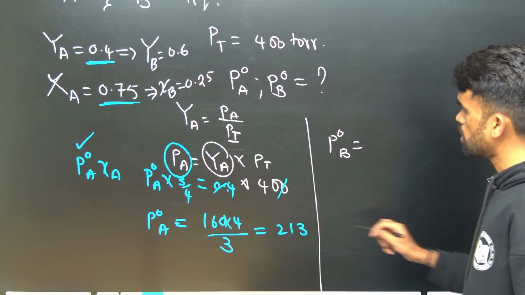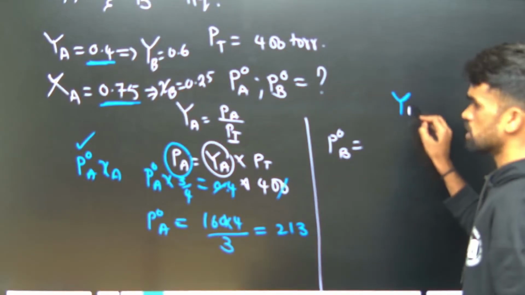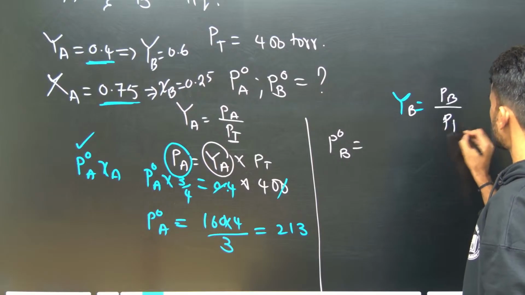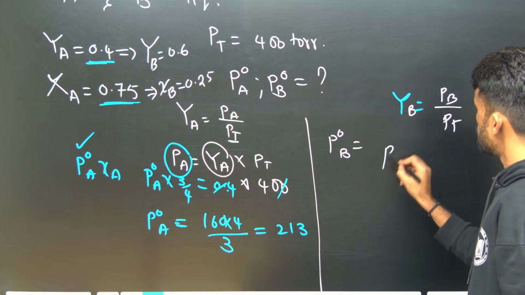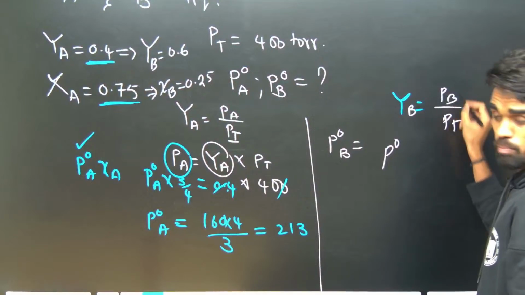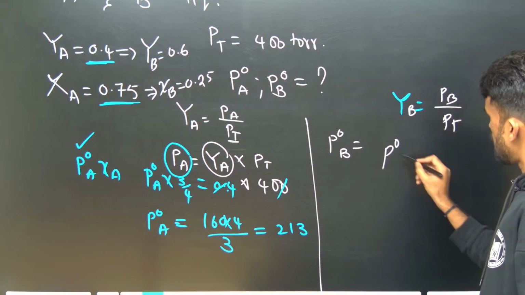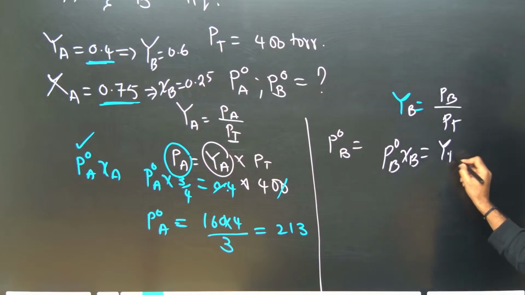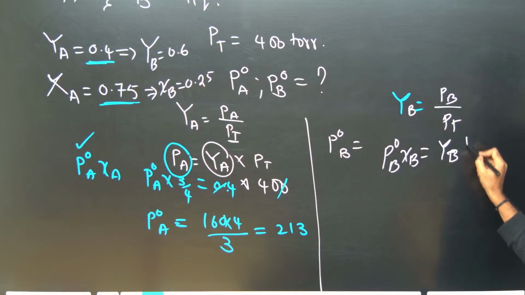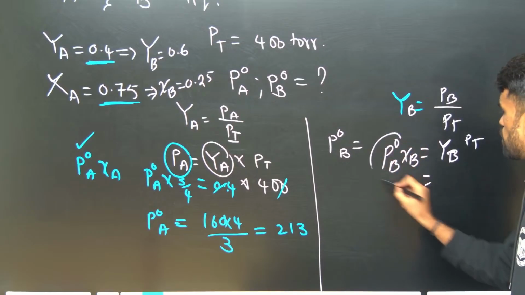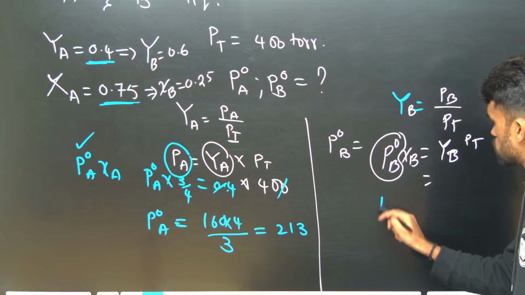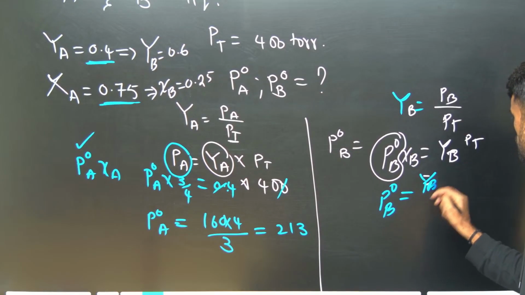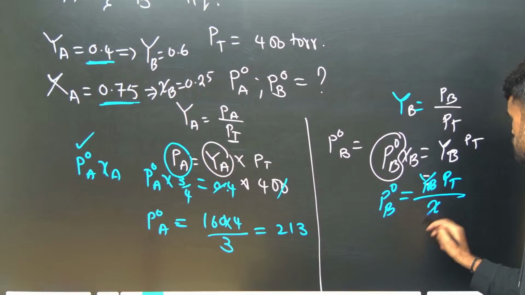So use a formula. YB equals PB by P total. I want P naught B, so I can write PB as P naught B times XB, which equals YB into P total. From here I want only the value of P naught B. So P naught B equals YB times P total by XB.